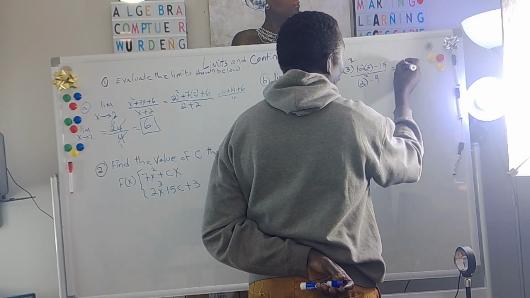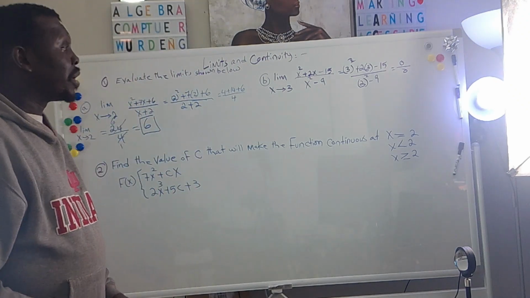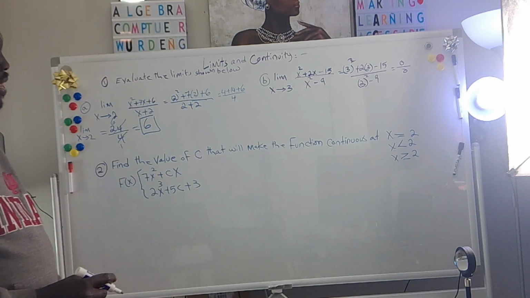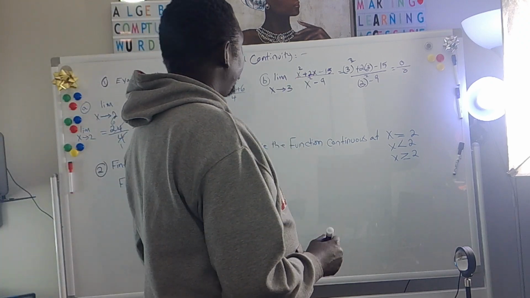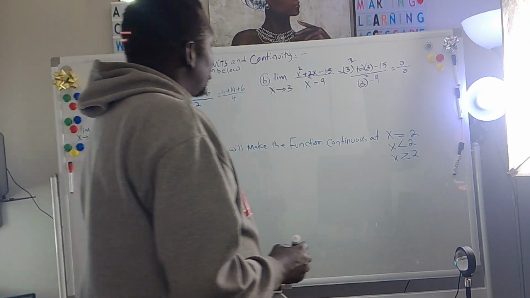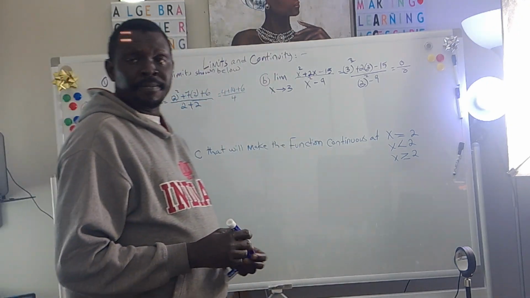Then when we see here, it equals 0 over 0, so that doesn't work. You're wrong if you stop there. That's not going to work like that. Now we have to do something. We need to factor this to make some elimination here.